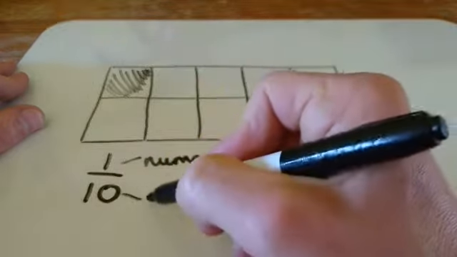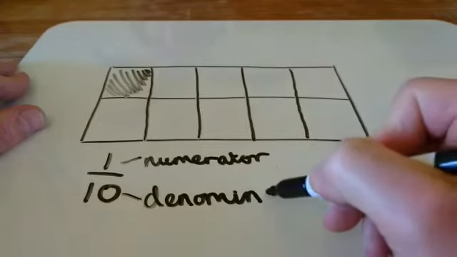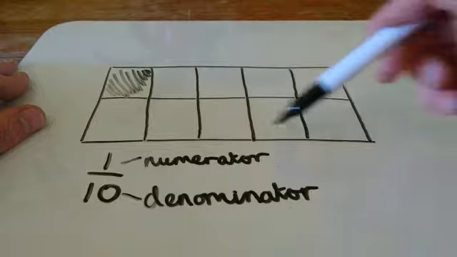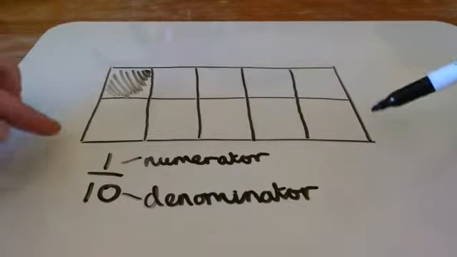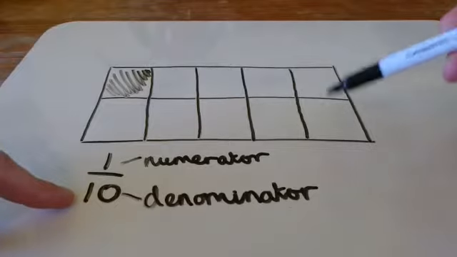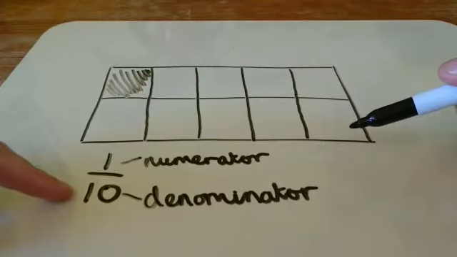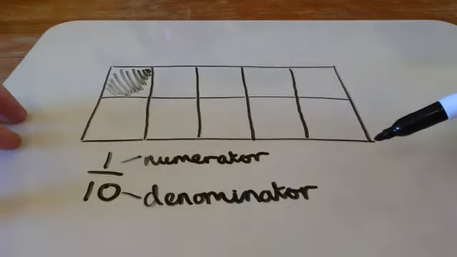The denominator tells us how many pieces my whole has been shared into equally. Here's my whole, and my denominator tells me that I've got 10 pieces which make up my one whole. So here I have 1/10 shaded.